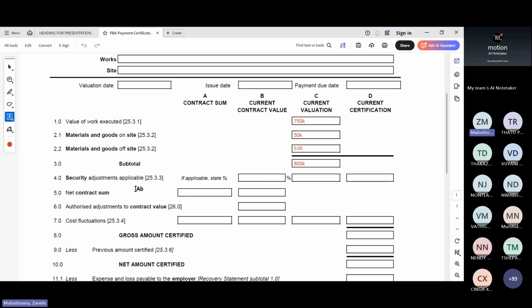Then security adjustments. If this guy has given us a fixed payment guarantee, we're not going to take anything because he's given us a fixed payment guarantee. However, if he's given us not fixed, variable, so the 10% variable guarantee, it's an upfront guarantee, we don't take anything.